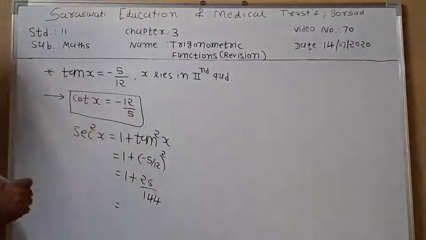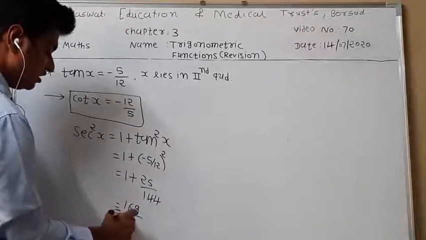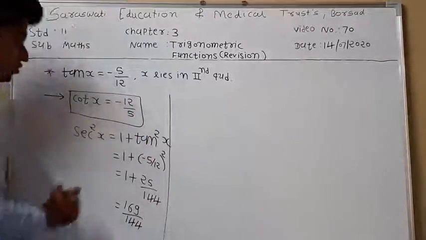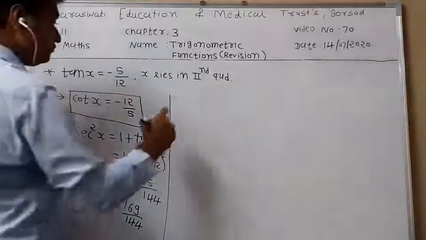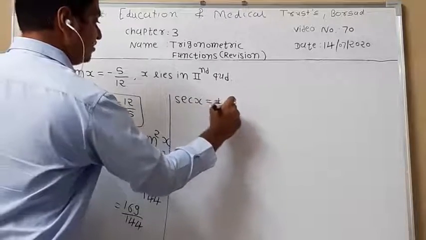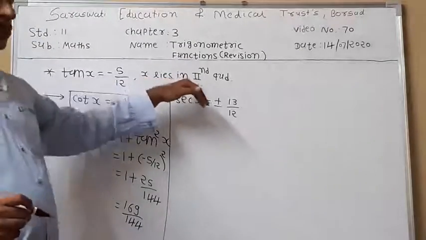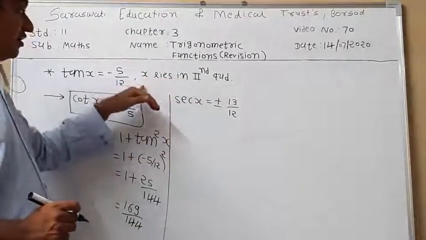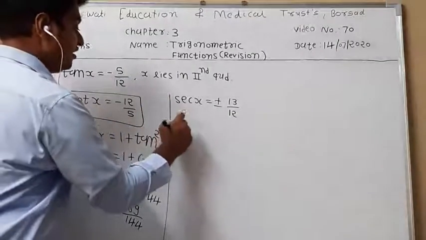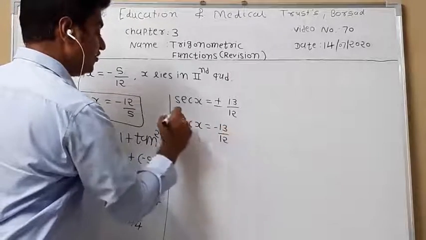Now we can take LCM, so 144 plus 25, that means 169 upon 144. Now taking the square root, we get two values: sec x is equal to plus or minus 13 by 12. But here the second quadrant is present, and in the second quadrant the value of sec is negative. So that's why we write sec x is equal to minus 13 by 12.